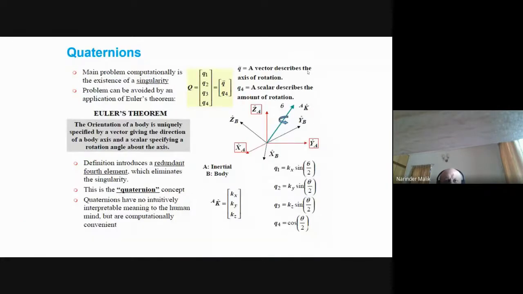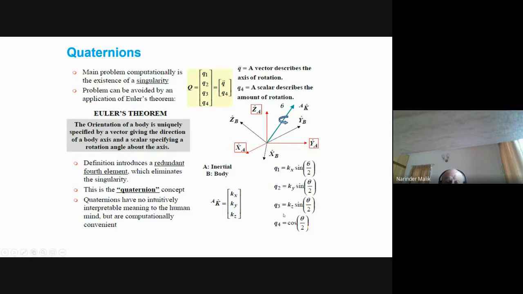Now E1, E2, E3 in this picture are represented as Kx, Ky, Kz, and the angle phi in this picture is represented as angle theta, the amount of rotation. These three are called the vector, and this is called the scalar quantity. So E1 sine phi by 2, E2 sine phi by 2, E3 sine phi by 2, and Q4 is cosine phi by 2.